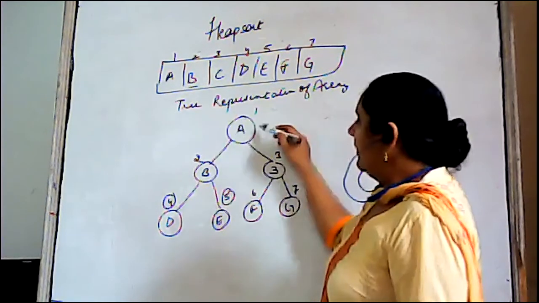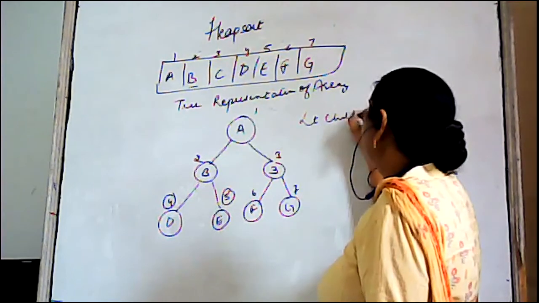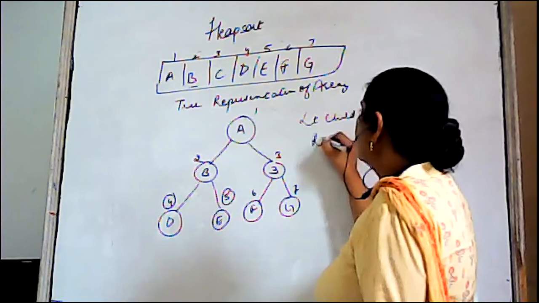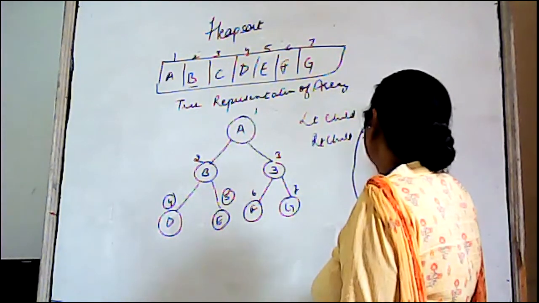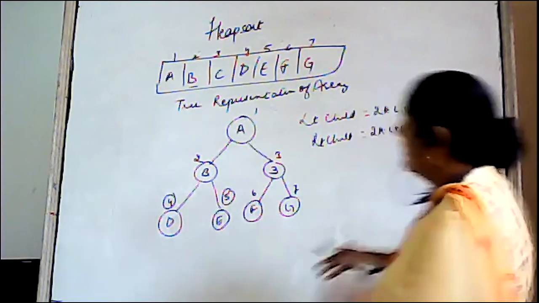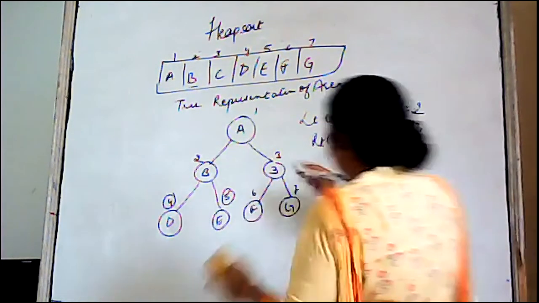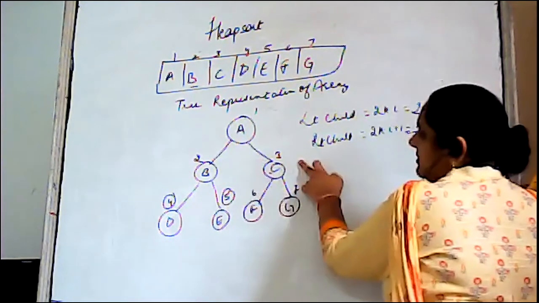A is 1. 1 into 2, left child is equal to 2 into I, that is 2. Right child is equal to 2 into I plus 1, which is equal to 3. So A's left child would be B and A's right child would be C, because it is at index 3.